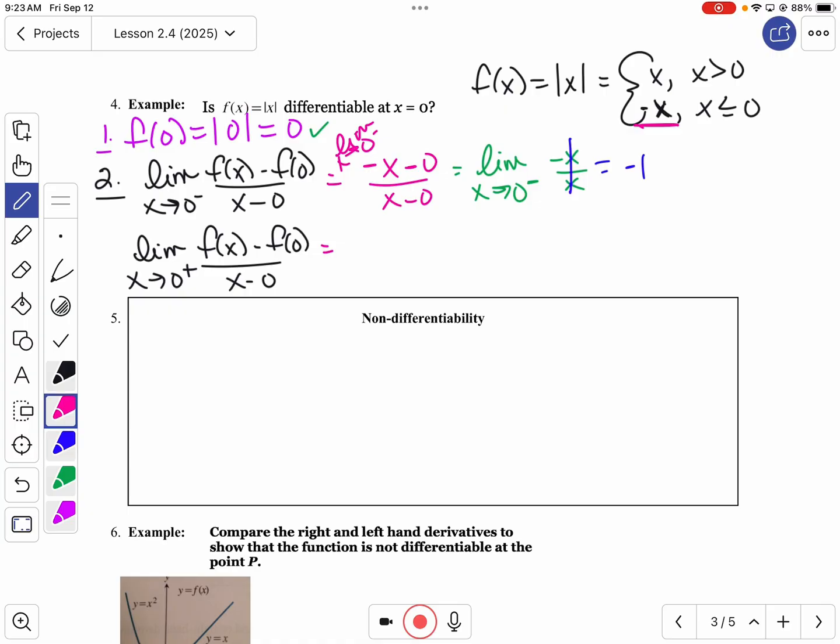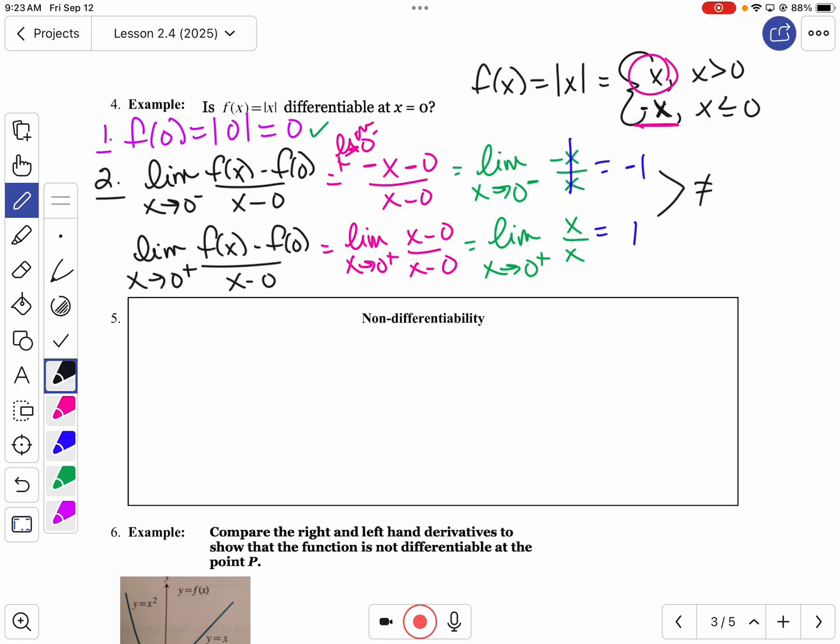We're going to repeat it from the right. So limit as x approaches 0 from the right. If I'm coming from the right, I'm using just the plain old x. So x minus 0 over x minus 0, which would just give me the limit as x approaches 0 from the right of x over x, which would just be what? 1. Do those two limits match?